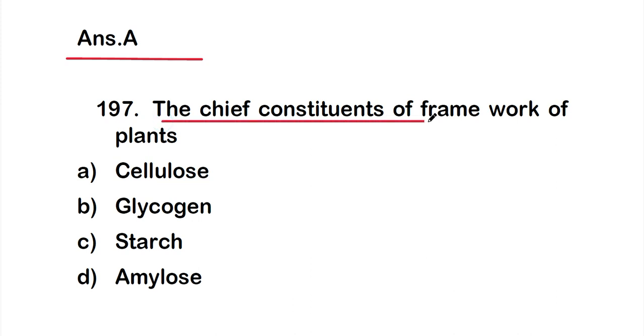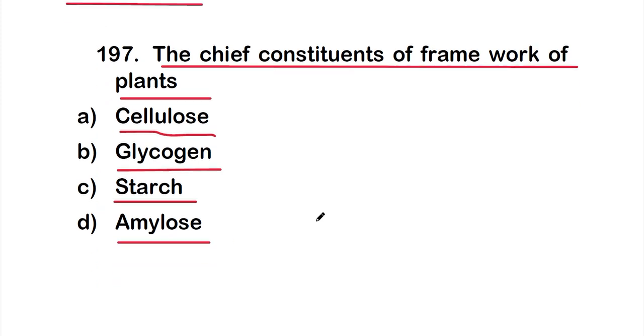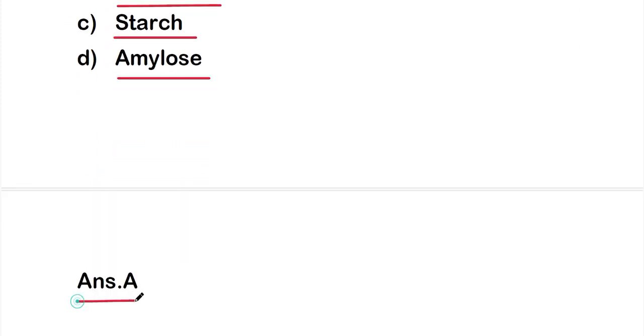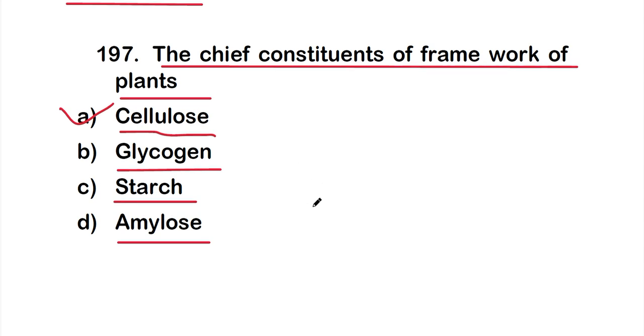So the chief constituent of the framework of plants is: option A, cellulose; option B, glycogen; option C, starch; or option D, amylose. And the right one is option A, that is cellulose. So the chief constituent of the framework of plants is cellulose. Okay.